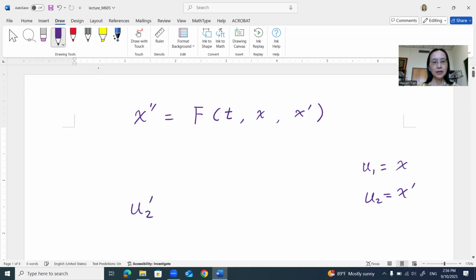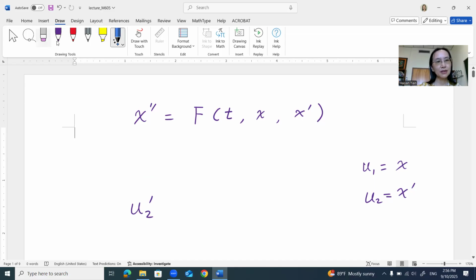So it becomes first order derivative because we have introduced a function u2. So the second order derivative of x becomes the first derivative of u2. So immediately this equation, the originally given second order, becomes a first order equation.